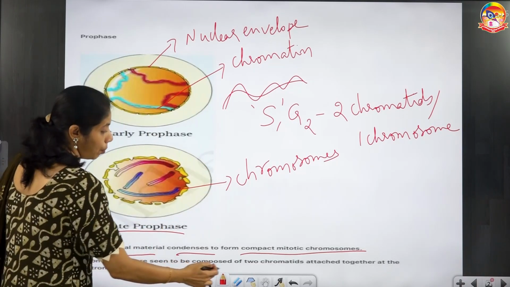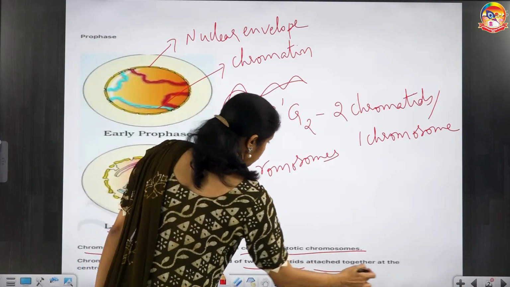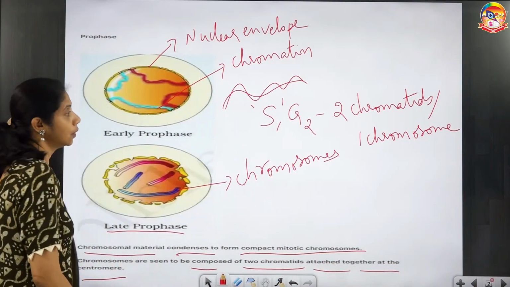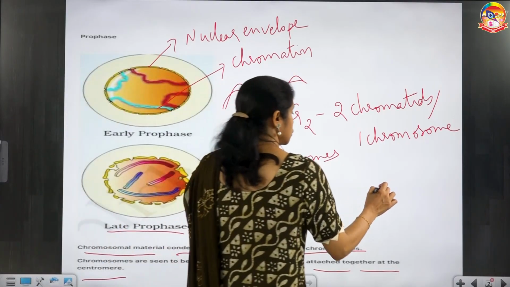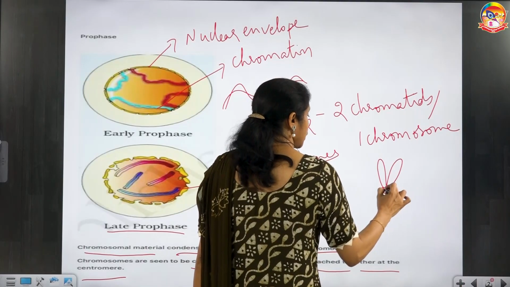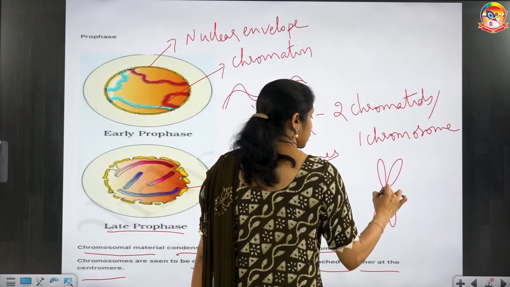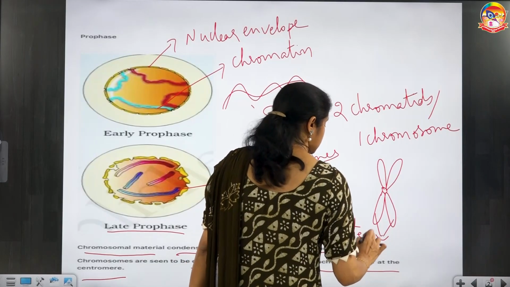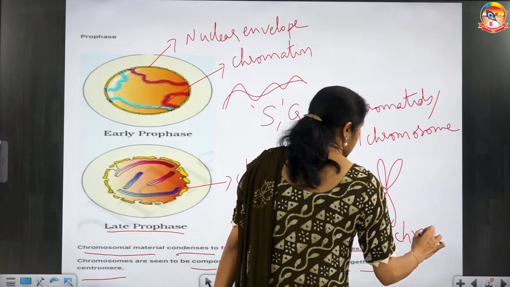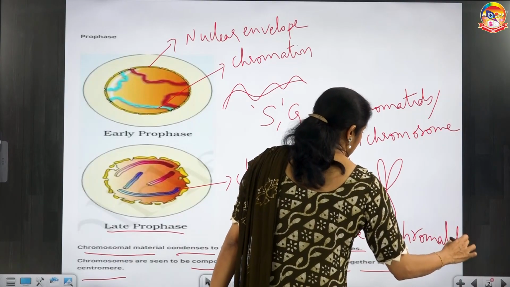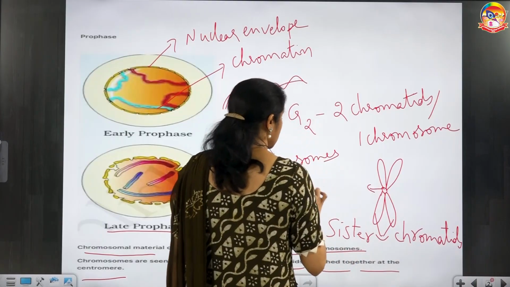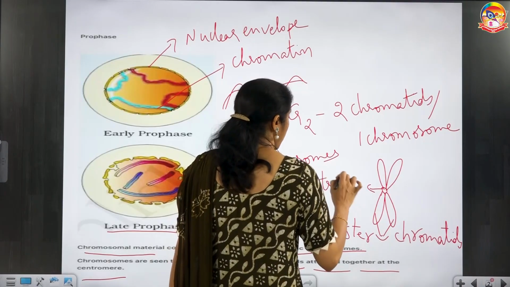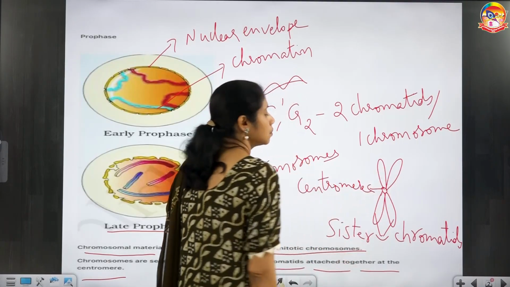Chromosomes are seen to be composed of two chromatids attached together at the centromere. So when you look at the structure, they will be attached at the centromere like this. These two are called sister chromatids, and this structure is called the centromere or primary constriction.